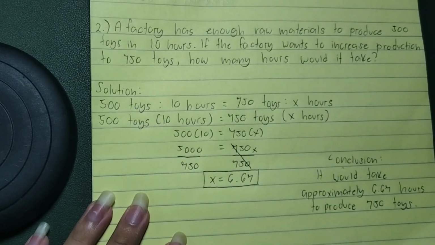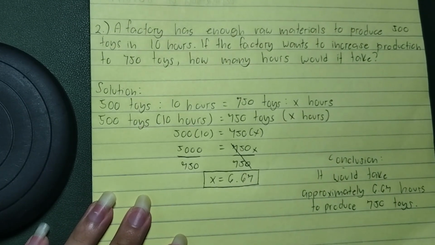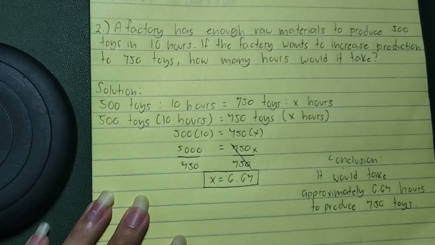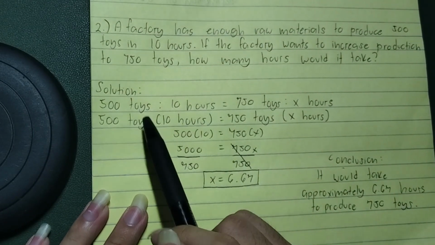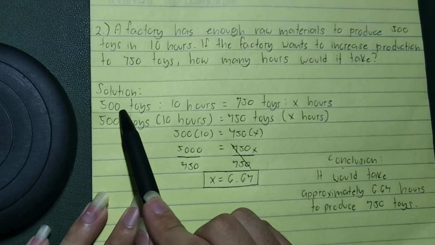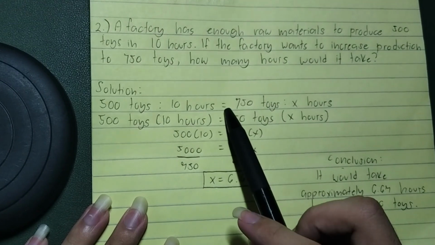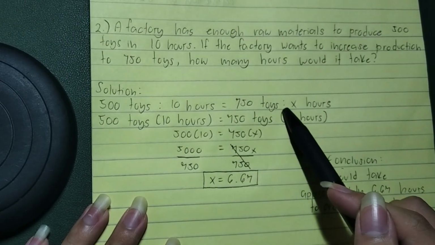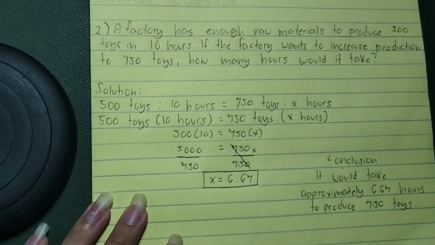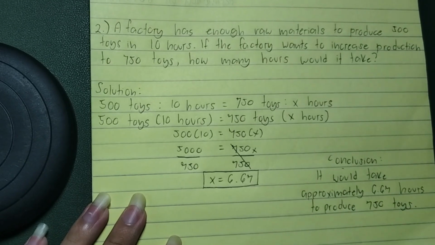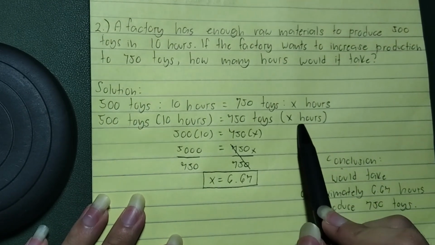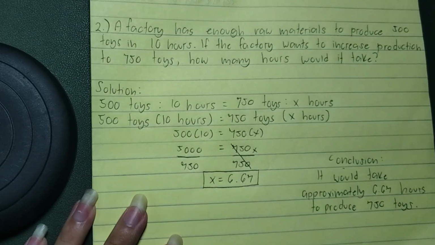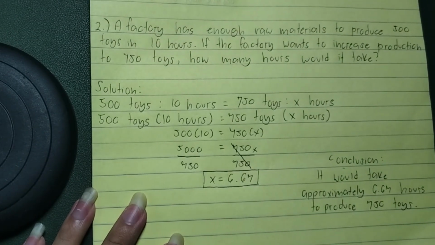We know that 500 toys can be produced in 10 hours, so we can plug these values into the proportion. That would give us 500 toys is to 10 hours equals 750 toys is to x hours. Here again, x represents the number of hours it will take to produce 750 toys. Now multiply both sides of the equation.